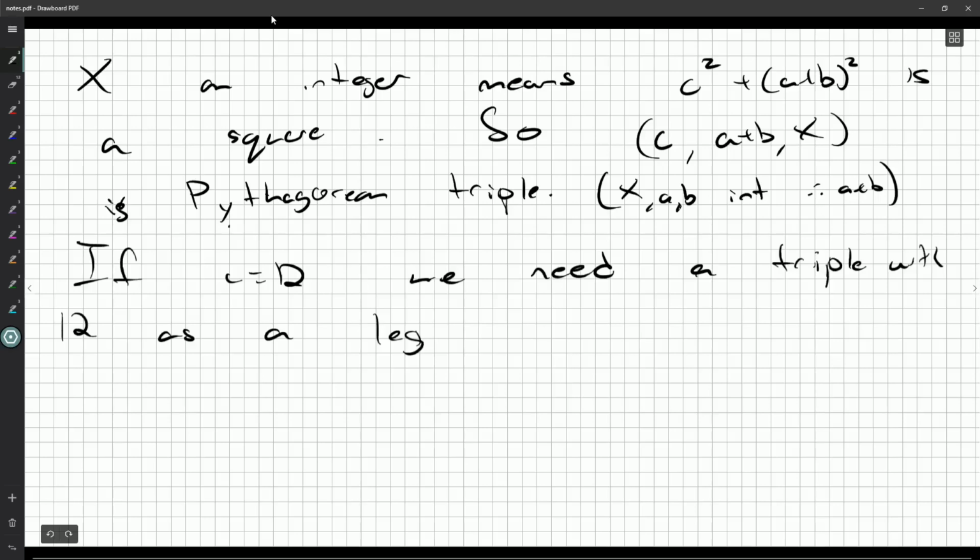That wouldn't be too bad. I think 5, 12, 13, and 9, 12, 15, and 12, 16, 20 should work as well. So I think these are the only ones, but let's make sure.